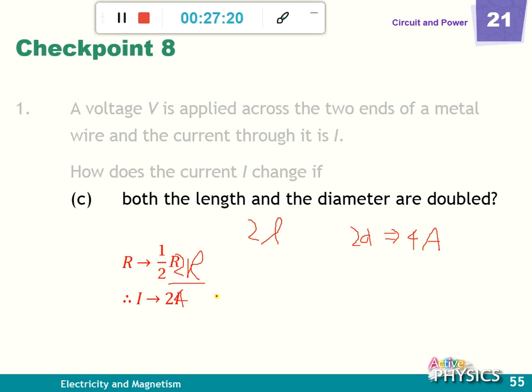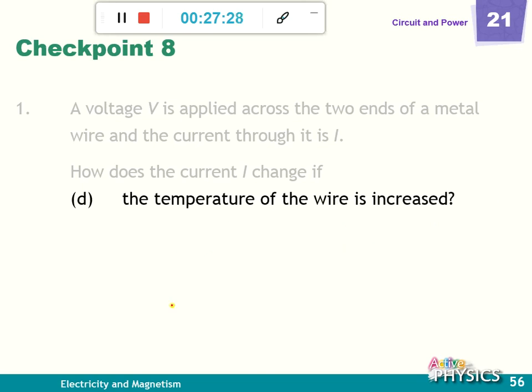Finally, you can see that the resistance will be 2R over 4, R over 2, current will be double. And lastly, if the temperature is increased, now go back to here. This one is the metal, its own material. Higher in temperature, resistance will be higher. Then R is higher, current will decrease.